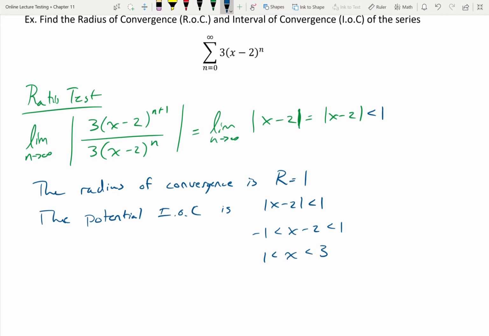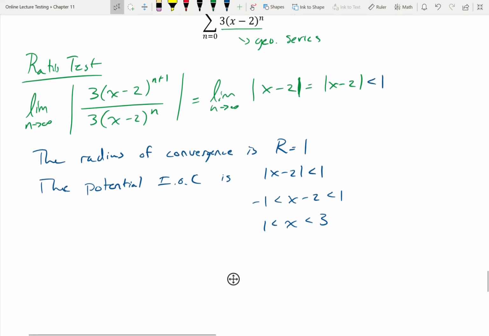All right, one thing I want to point out before we say we're done is notice what we have here. This is in a geometric series, right? We have our x minus a, we have our c value, so we already know that this is going to be convergent only in this interval, so at the strict inequality.